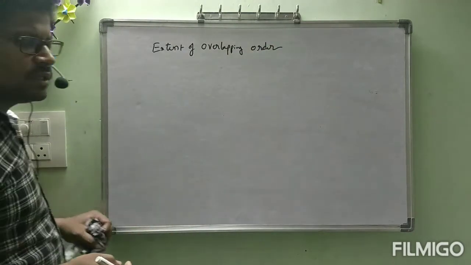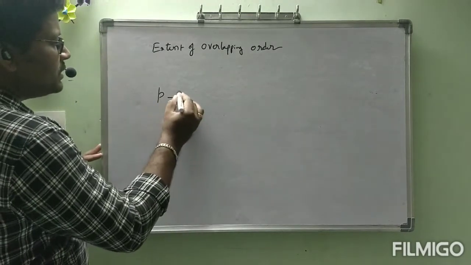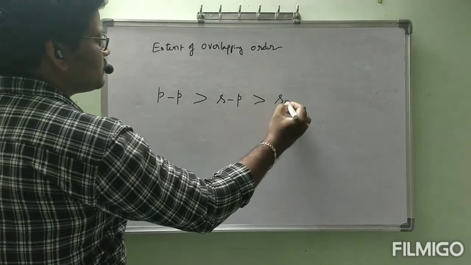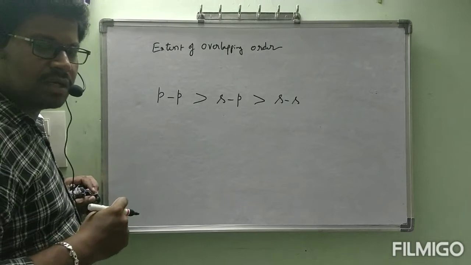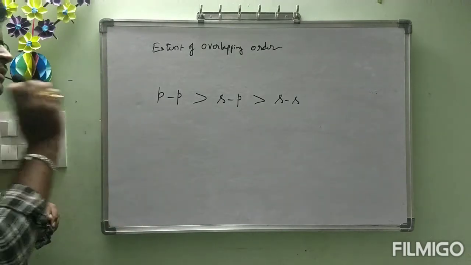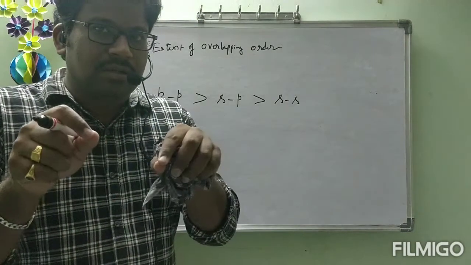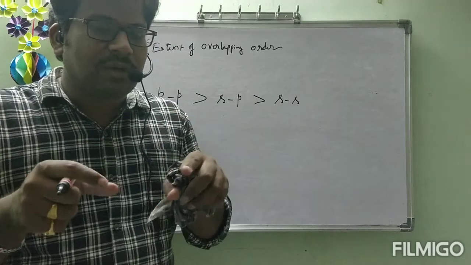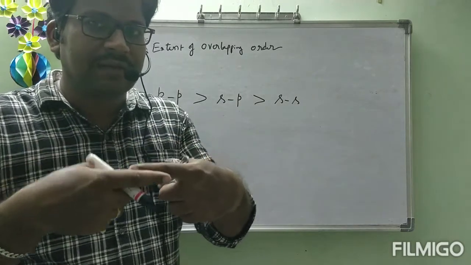Extent of overlapping means which overlapping is strong overlapping. pp overlapping is stronger than sp overlapping, which is stronger than ss overlapping. Out of these three bonds, which bond is stronger? The bond which is formed by pp overlapping. It will be more effective because the orbital shapes are exactly suitable to be overlapped perfectly.